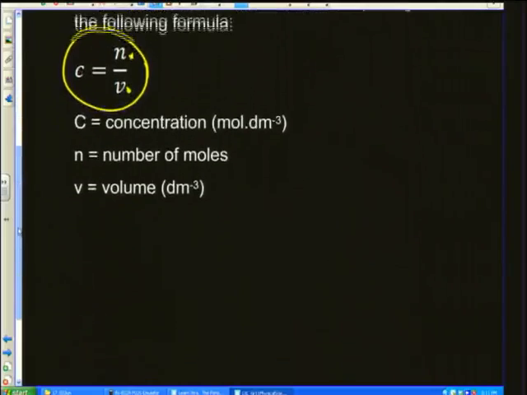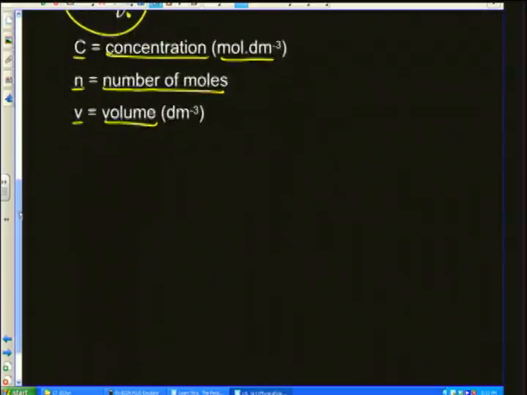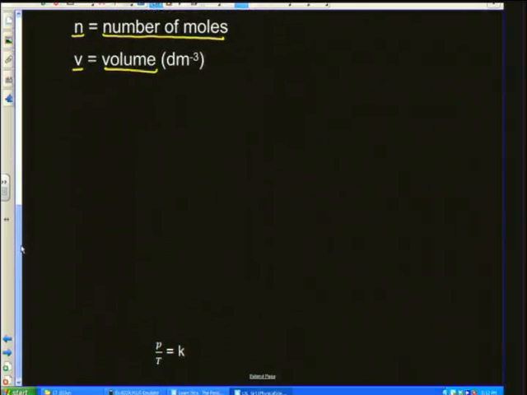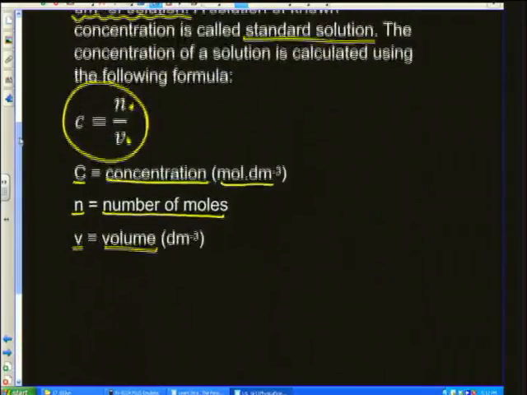Our C there stands for concentration, and it is measured in mole per cubic decimeters, small letter n is number of moles, and V is the volume in which this number of moles have been dissolved.